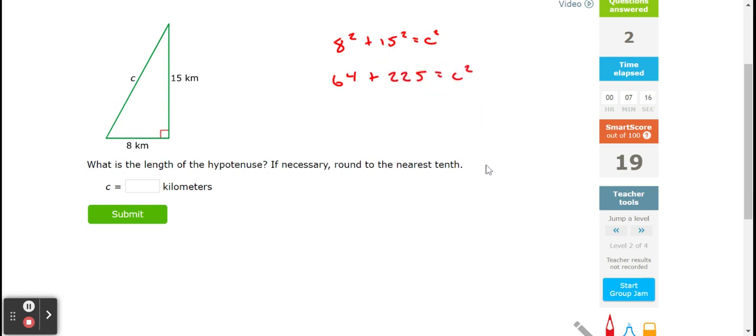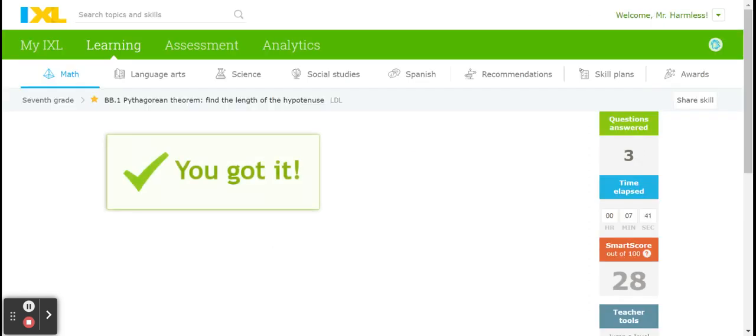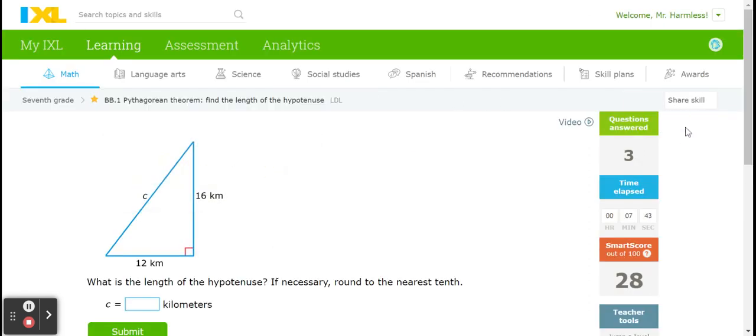My calculator says 289. I think this one still might come out evenly. Take the square root of 289, which is 17. So we got 17. Okay, no weird ones yet.